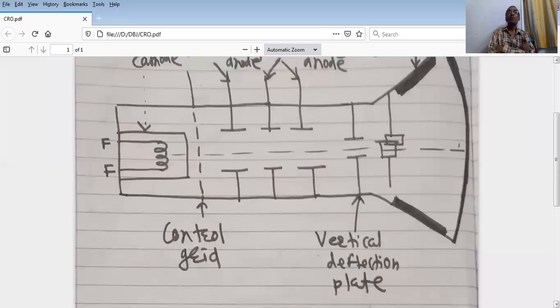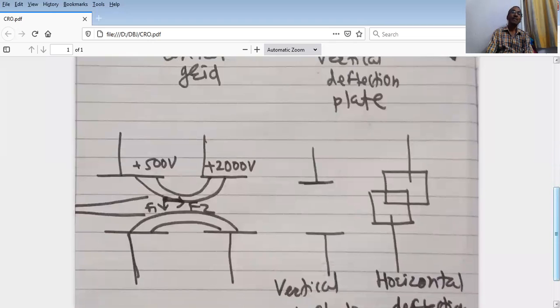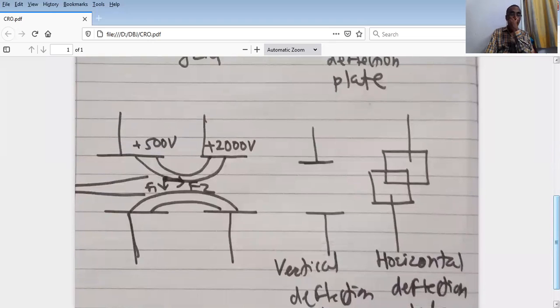That's why the focusing anode is used to focus the electron beam. So this difference in voltage between 500 and 2000 volts positive creates electric lines of force between the two electrodes as shown in the above figure.